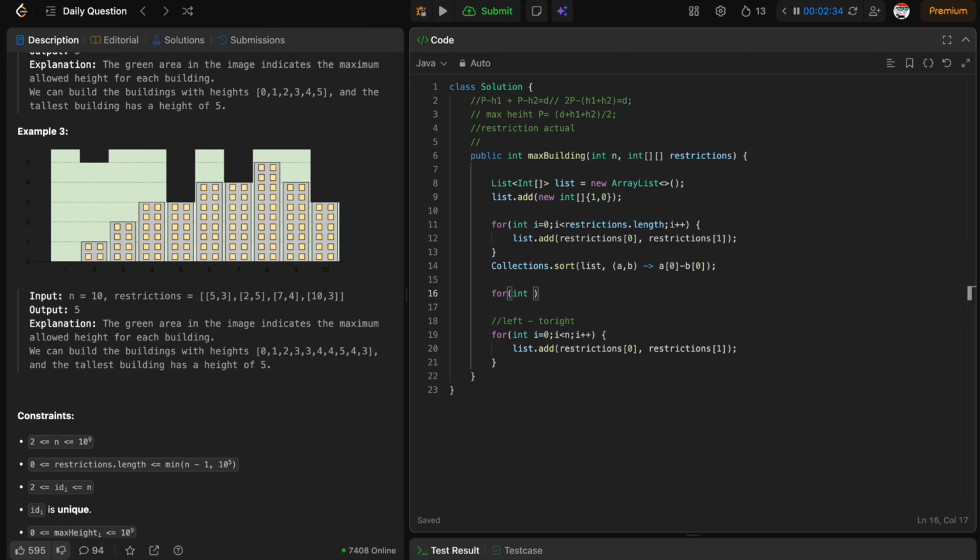So the last one doesn't have any restriction.